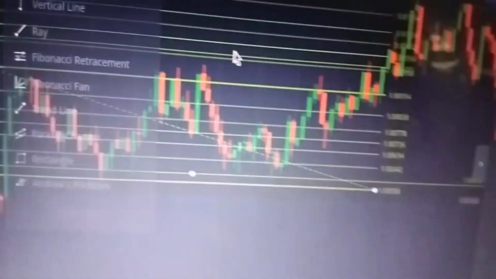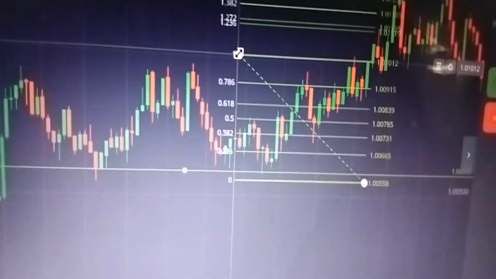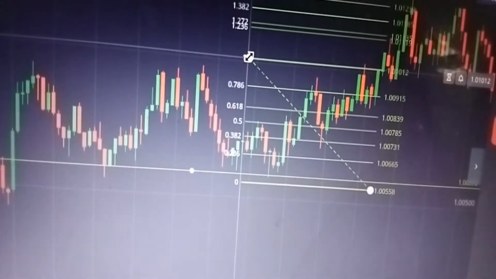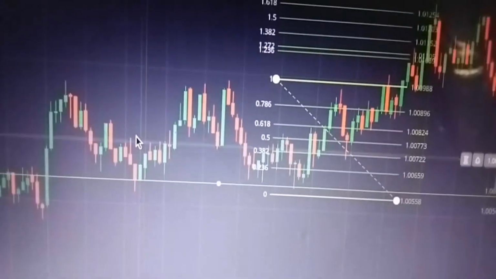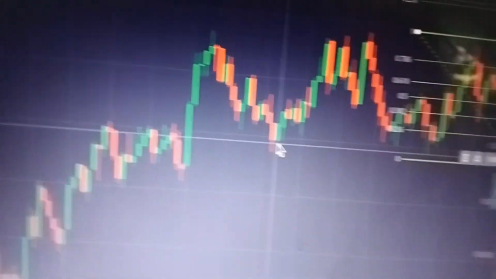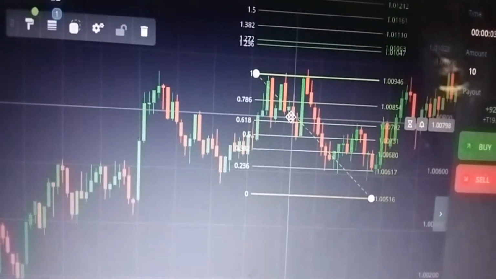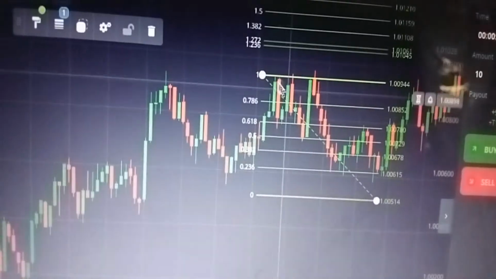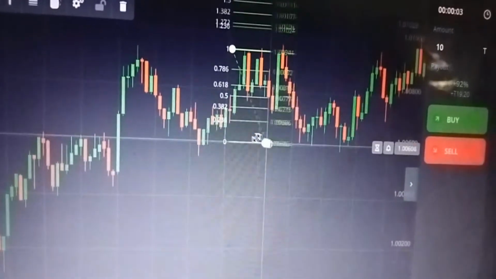Okay, let me use this one. So where was I? It was around, yeah, it was around there. Let me delete this one on that line. So it is from that swing high, which is this one, to this swing low.